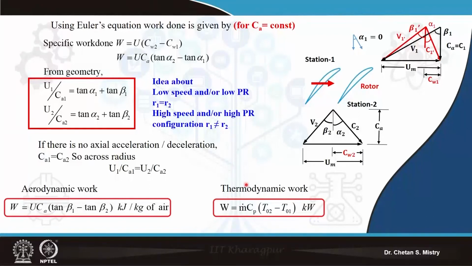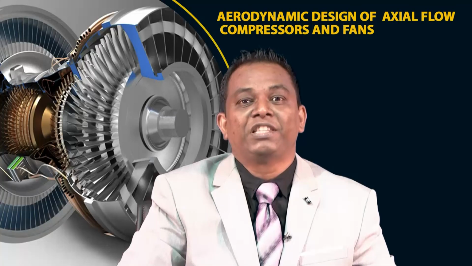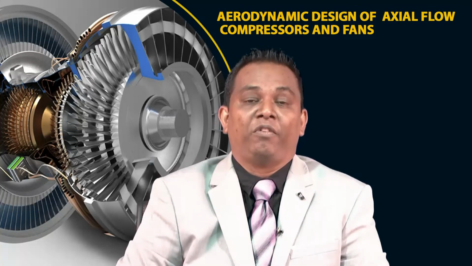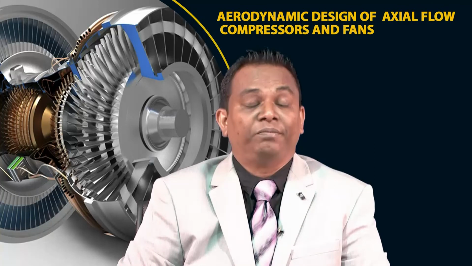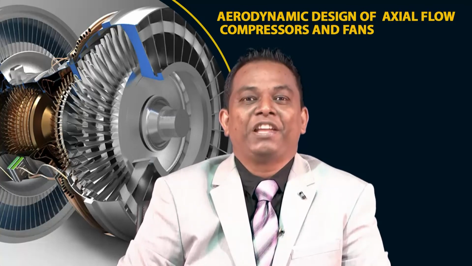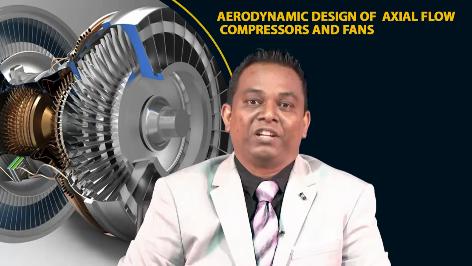It says this is my thermodynamic work, which is m dot Cp into delta T0, represented in kilowatt. Okay, so here we are stopping. This gives us an idea of all we have learned about the velocity triangle, Euler's equation and its application for the calculation of work done. Thank you.